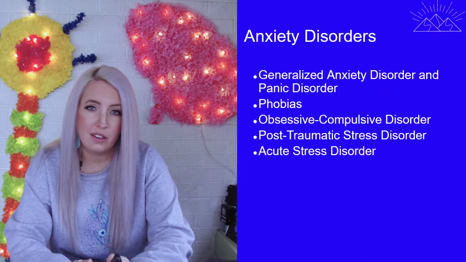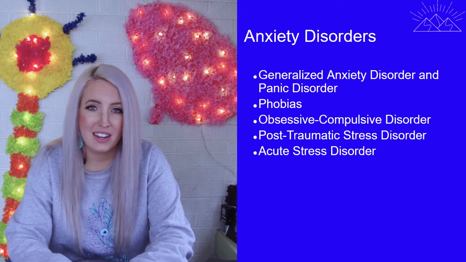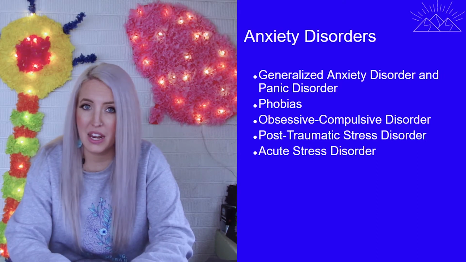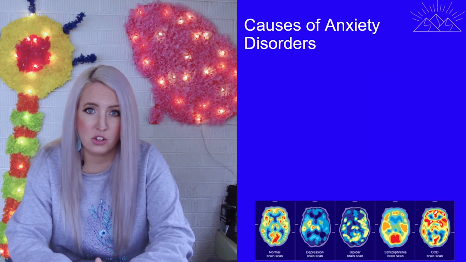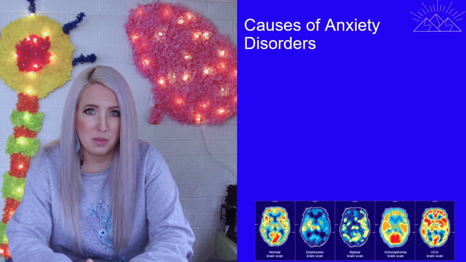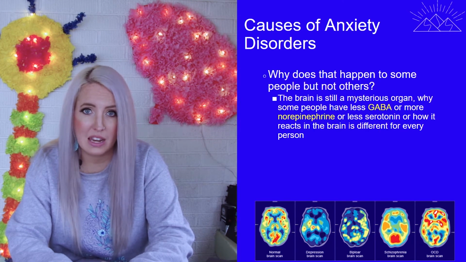But first I want to talk a little bit about the potential causes of anxiety disorders. Why do anxiety disorders affect some people and not others? We're still learning so much about the brain every single day that's helping us to understand the biological nature of psychological disorders. We know that there are certain neurotransmitters, such as GABA and norepinephrine, that play a role in anxiety.